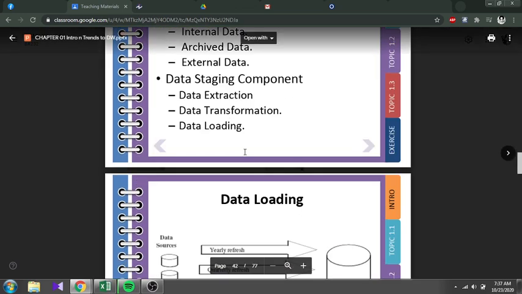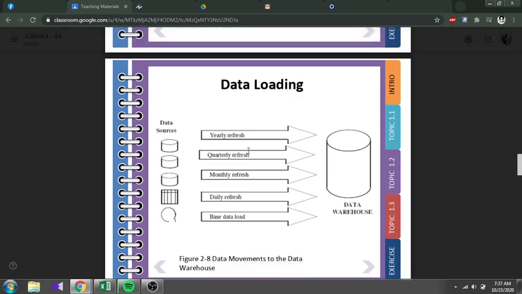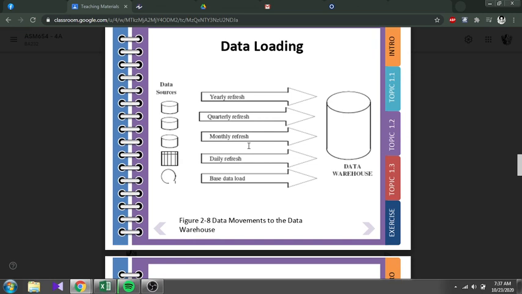Okay, kat sini dia ada buat sikit on the data loading. Mostly data loading ni dia akan load, maksudnya dia simpan storage to the data warehouse ni by the timestamp lah. Mostly akan based from the daily. Ada tu ikut by per jam, kan satu hari ada 24 hours, they divide it by 4 ke macam tu. Okay, mostly by daily lah.